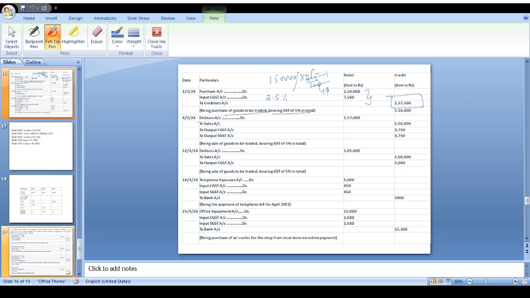Next is on 4th March, debtors account debit to sales, to output CGST, to output SGST. 1,50,000 amount.